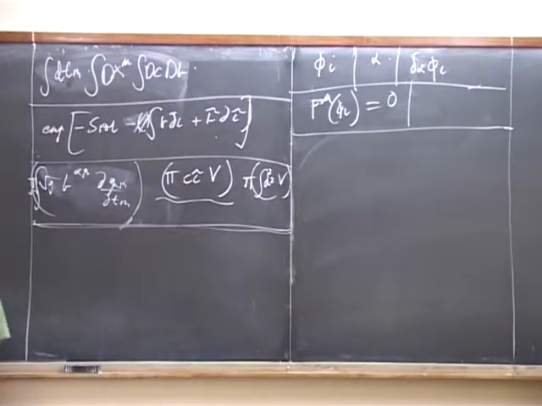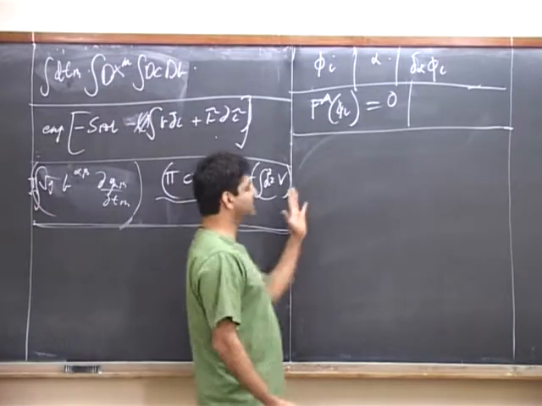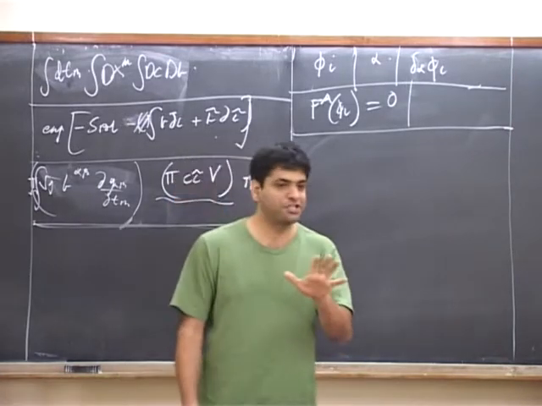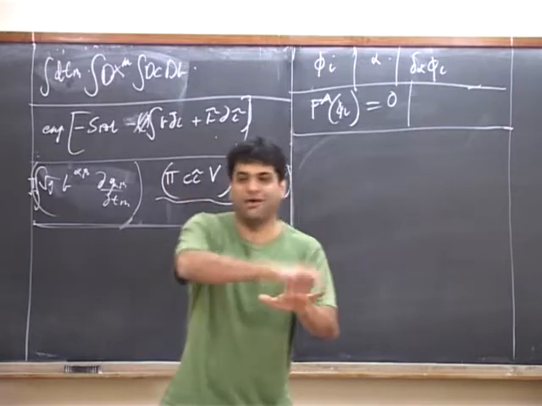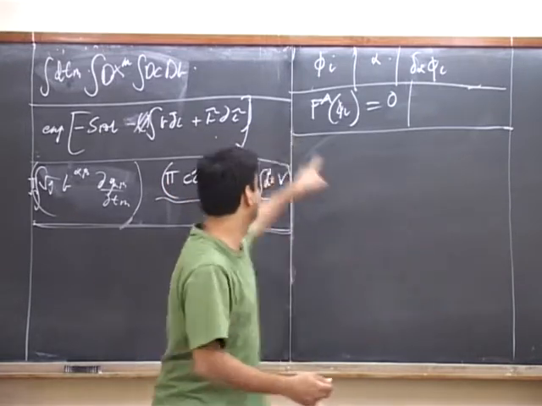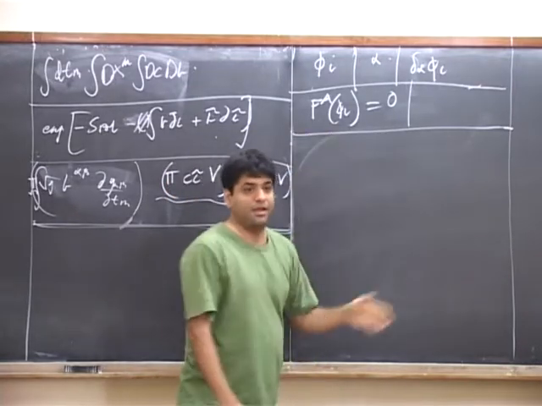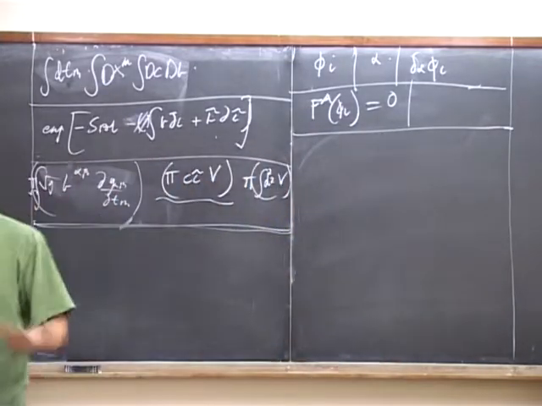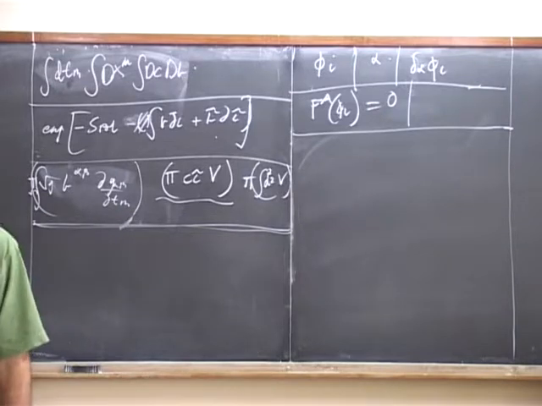So you remember what the final conclusion was. We put in a delta function that enforced the gauge fixing condition, that the fields obeyed this equation. In analyzing the path integral with the delta function, we found it convenient to exponentiate this delta function.